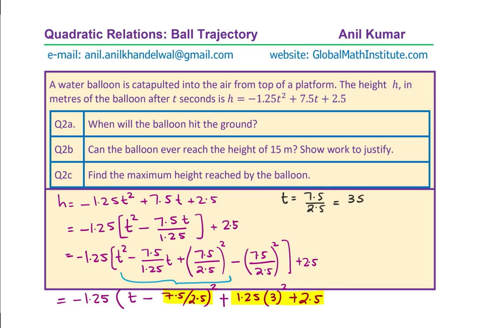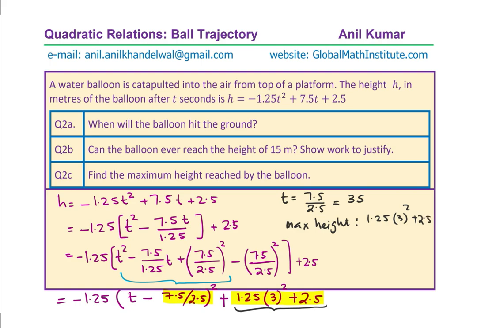Find the maximum height reached by the ball. We have to figure out, can the ball ever reach a height of 15 meters? Show your work. So at t equals 3 seconds, it reaches the maximum height. But how much is it? Maximum height is this component, right? Which is 1.25 times 3 squared plus 2.5, correct?